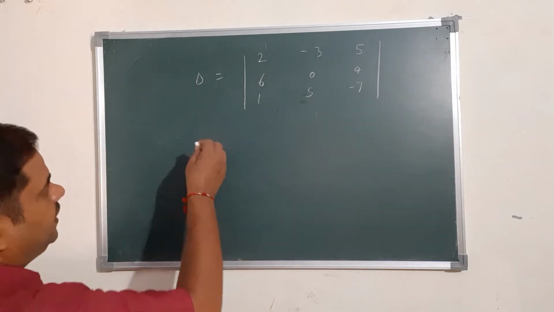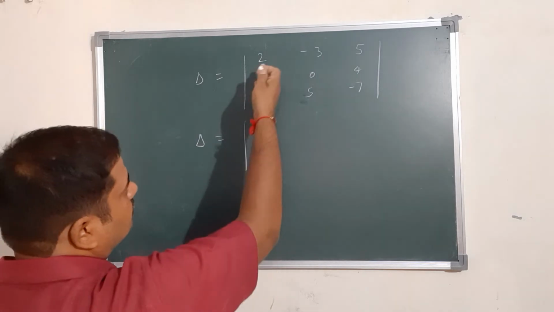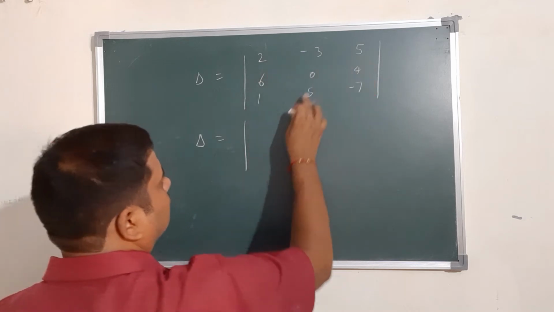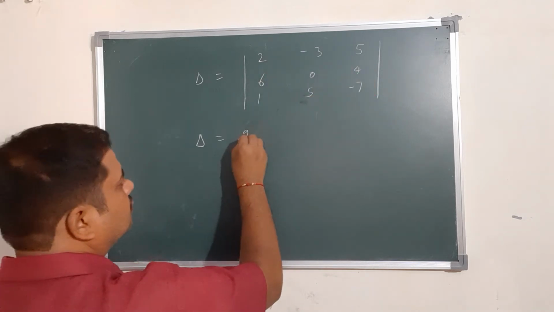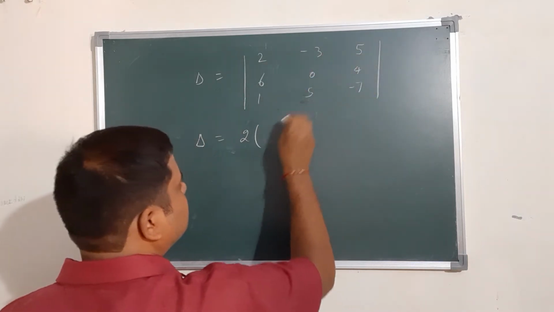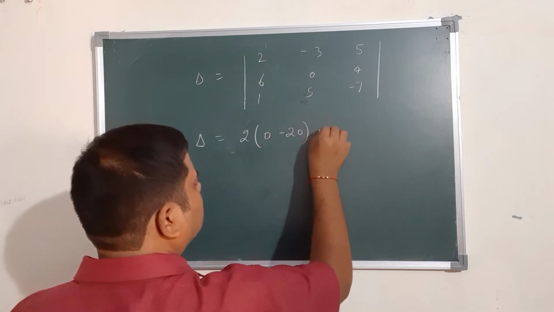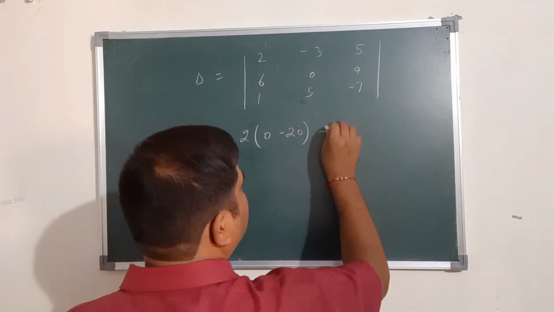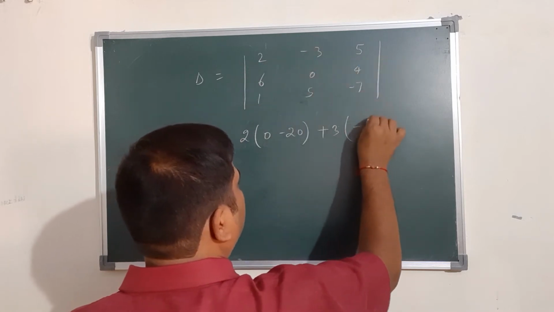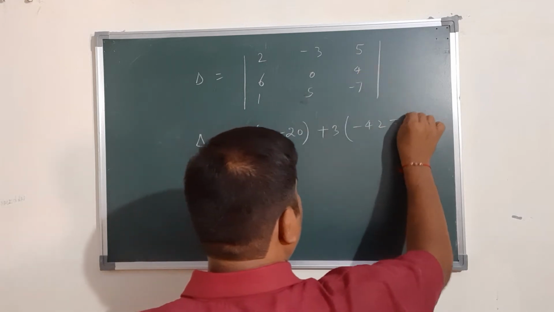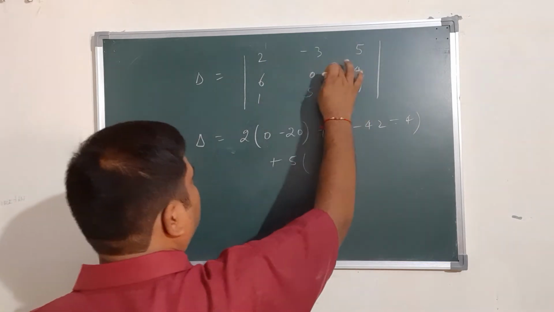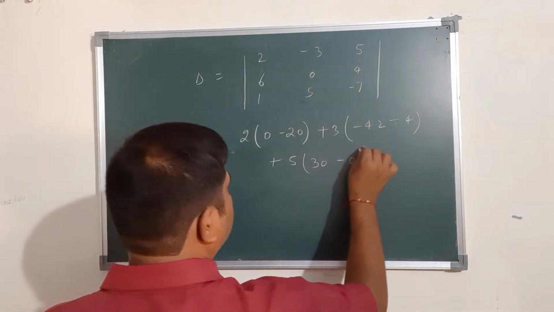If we expand it, from any row or any column, we get delta is equal to 2 into, deleting this row and this column, 0 minus 20, minus of minus 3, that means plus 3, deleting this row and this column, minus 42 minus 4, and plus 5, deleting this row and this column, 30 minus 0.